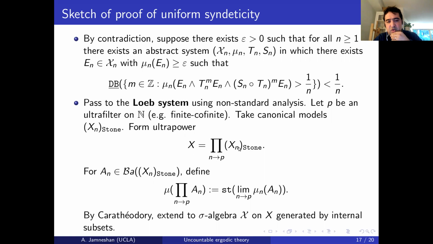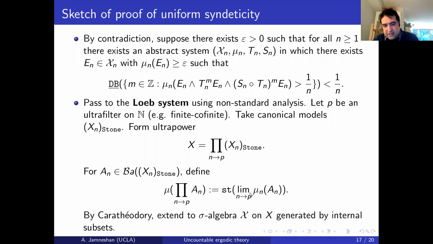And one can associate to this product system, so these are Stone spaces. Stone spaces are compact Hausdorff, so we can take their Baire sets. And then we associate to such a product set, which are like products of these measurable sets, a measure. This is a standard part of that limit, so these are real numbers.